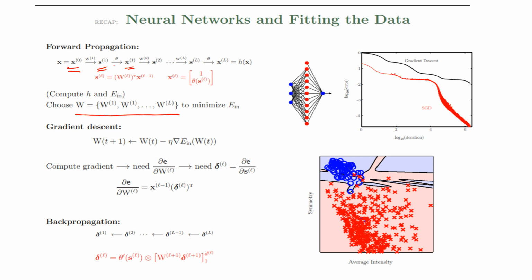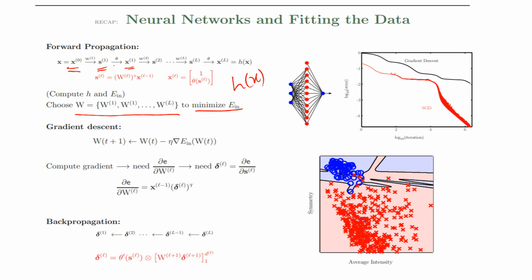And then we answered the question of how to get the weights. The quick answer was to choose all the weights such that you minimize the in-sample error. Then we figured that it wasn't as trivial as it sounded, because it involved computing the gradient of a function that does not have a concrete mathematical definition, which was my h(x).